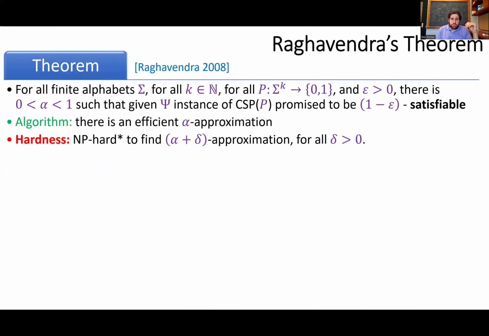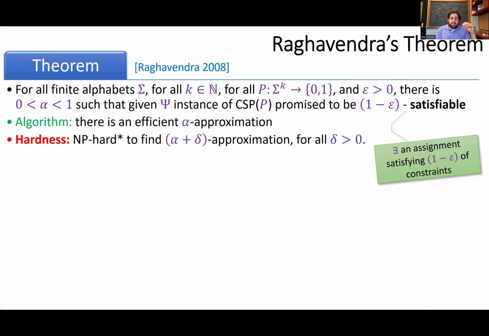So what is Raghavendra's theorem? Well, this is the following statement. It asserts that for every finite alphabet whatsoever, and for every arity k, for every predicate P, there is some number alpha such that if I give you an instance psi of CSP_P which is promised to be 1 minus epsilon satisfiable, by that I mean that you can satisfy almost all of the constraints of the instance psi, then there is an algorithm which is an alpha approximation, namely an efficient algorithm that finds an assignment that satisfies at least alpha fraction of the constraints of psi.